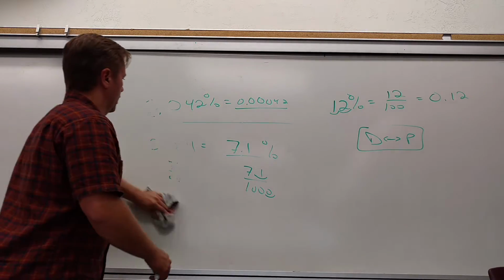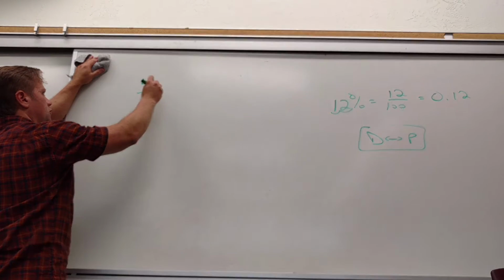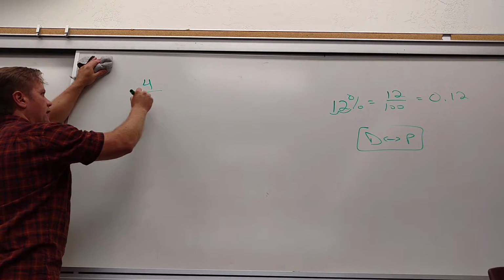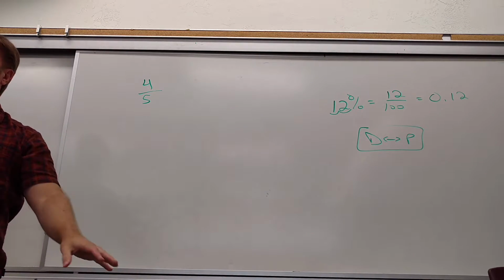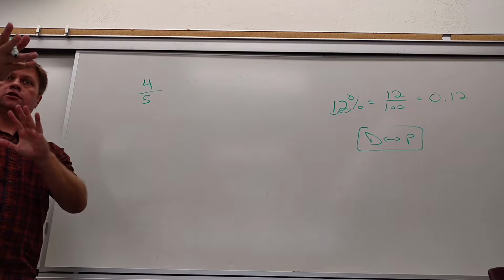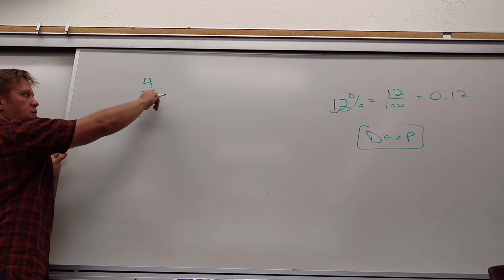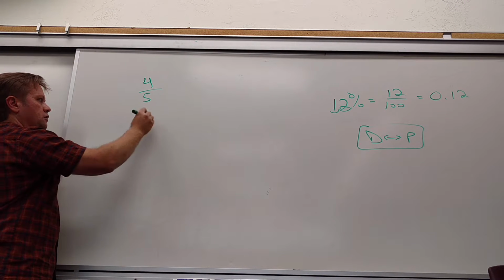Now, I got a question up here. If I want to go from a fraction to a decimal, like if I had 4/5, how do I take that to a decimal? Divide. Yeah, I can just always divide, because that's what this means. 5 goes into 4.